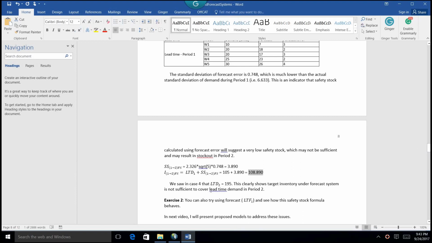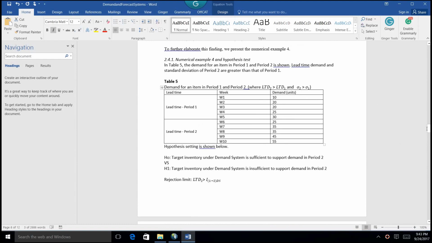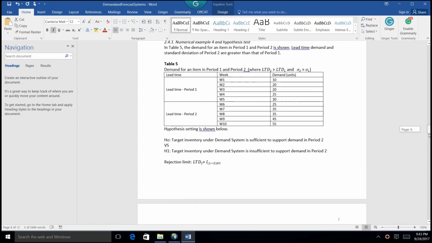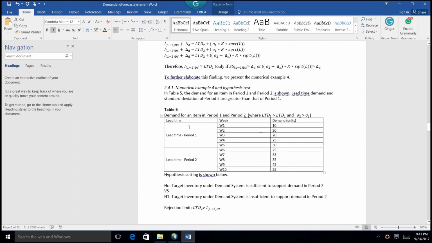And your LTD2 was 195, as we have seen in case number 4. So we are using the same data, case number 4, for evaluating the forecast system.